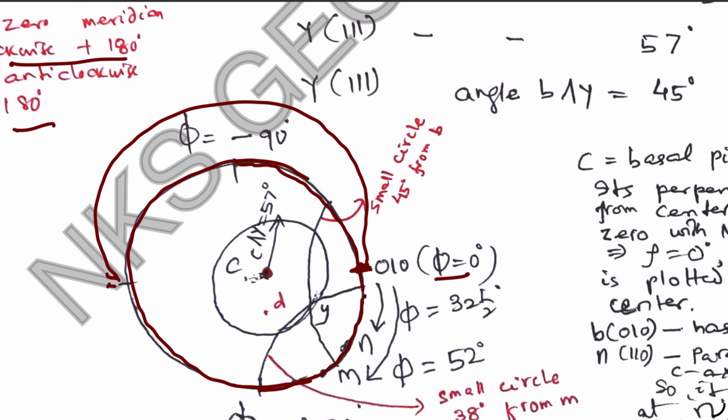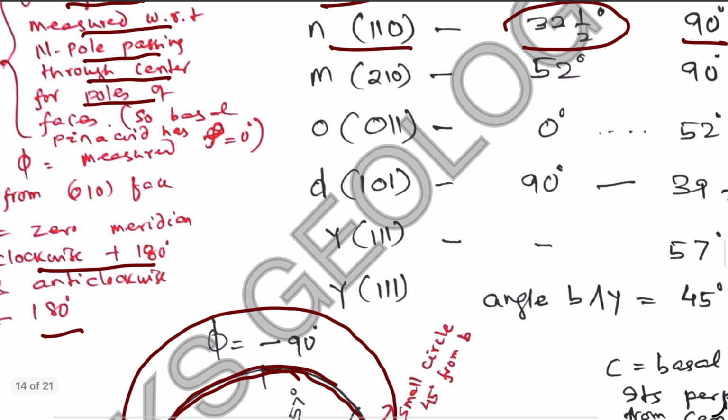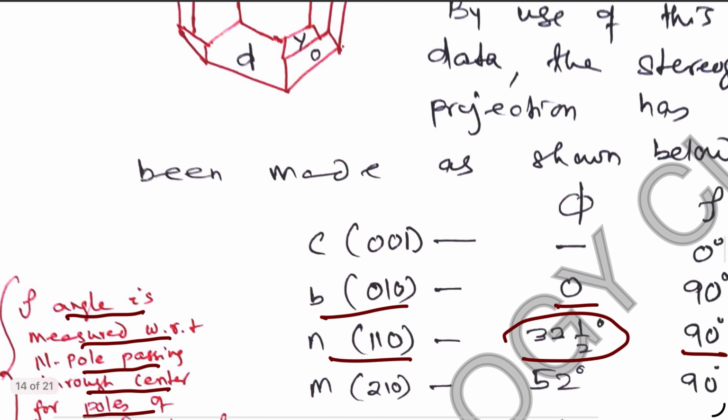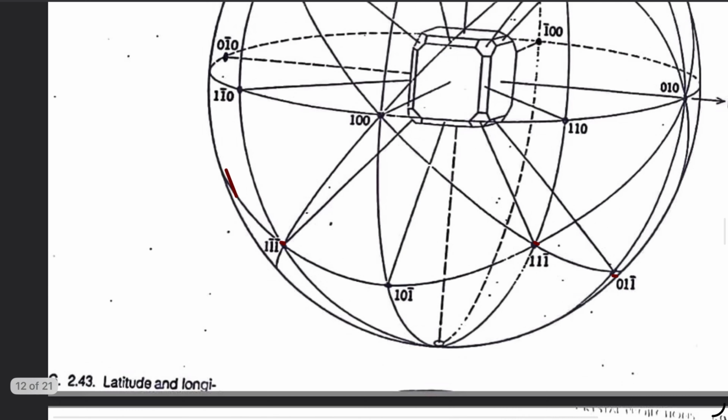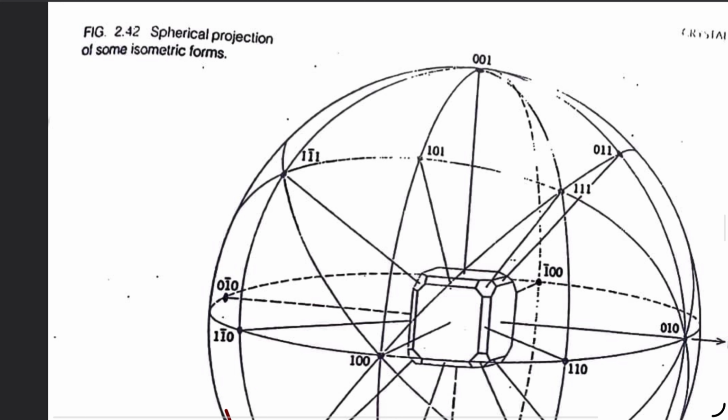So this is the equatorial circle. So the angle 1, 1, 0, this is 1, 1, 0, vertical face. So here it is 0, 1, 0. So the angle between this face and this face is 45 degree.